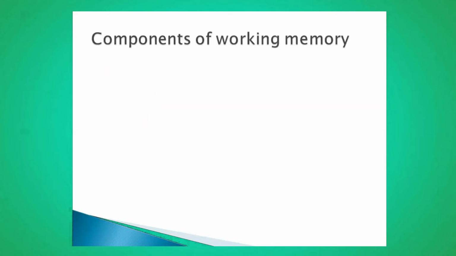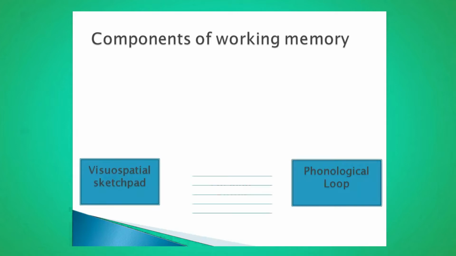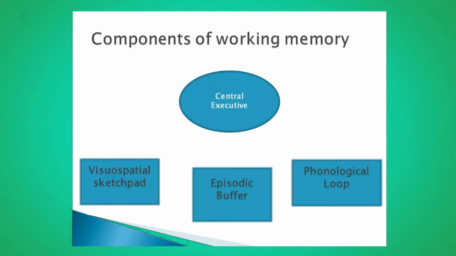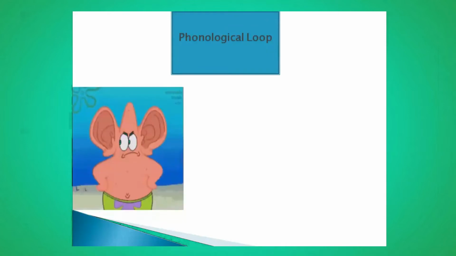So let us have the components of working memory. We have the visual spatial sketchpad, phonological loop, episodic buffer, and of course, the central executive. But first, let us have the phonological loop. The phonological loop is called the inner ear.